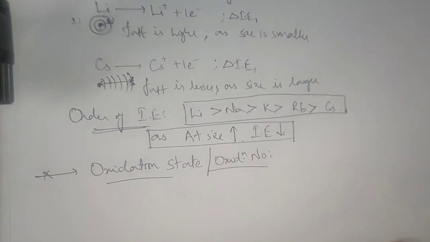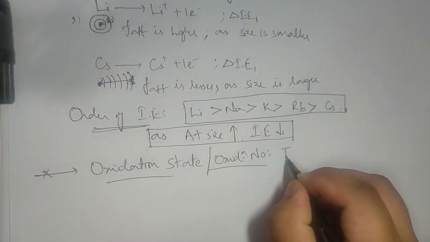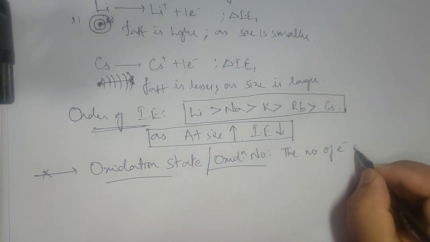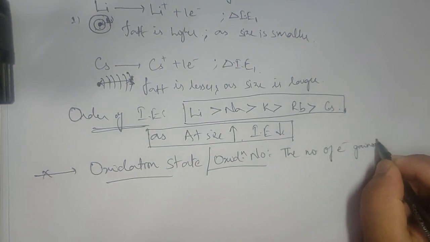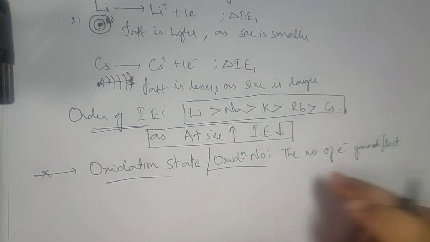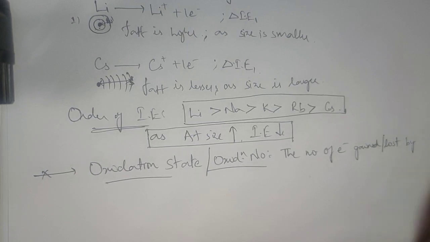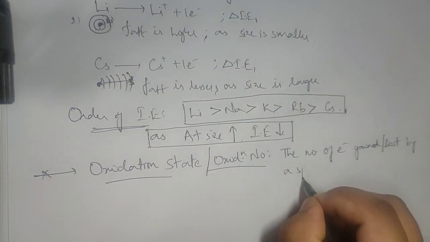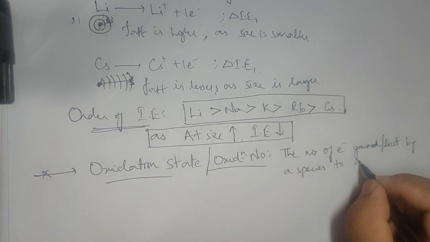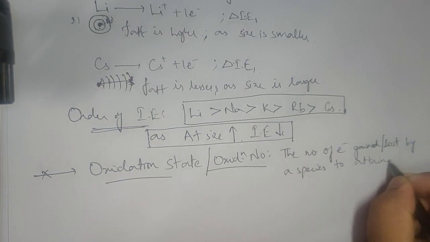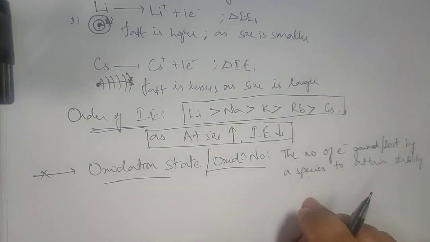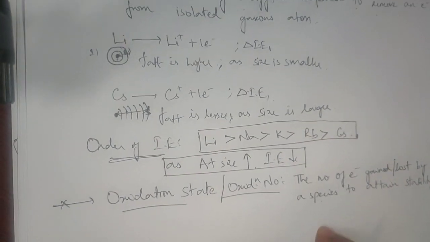By simple definition, it is defined as the number of electrons either gained or lost by a species to attain stability. To attain stability. So now this point will be discussed with respect to the above one only.